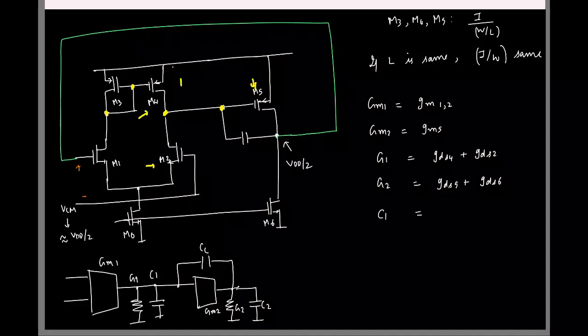So from here you will have a drain to bulk capacitance of M4, drain to bulk of M2, and also we have a gate connection, so the gate to source capacitor of M5, right? So you'll have CDB4 plus CDB2 plus CGS5. So which of these do you think will dominate? Gate capacitance will dominate. Okay, that's the largest. So this almost entirely will be dominated by CGS5.